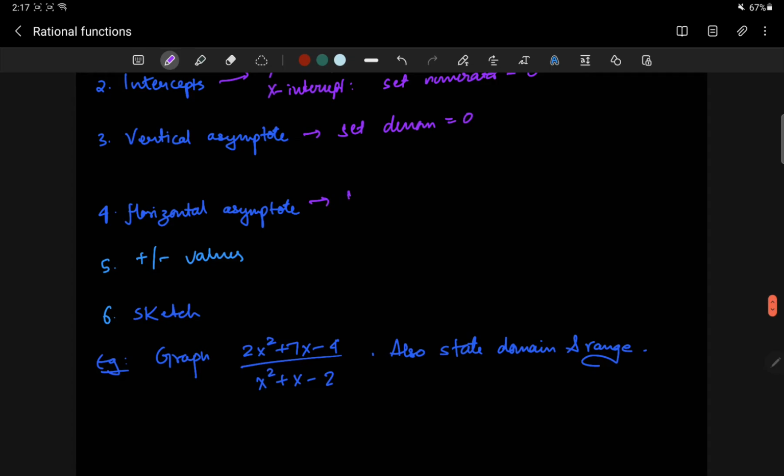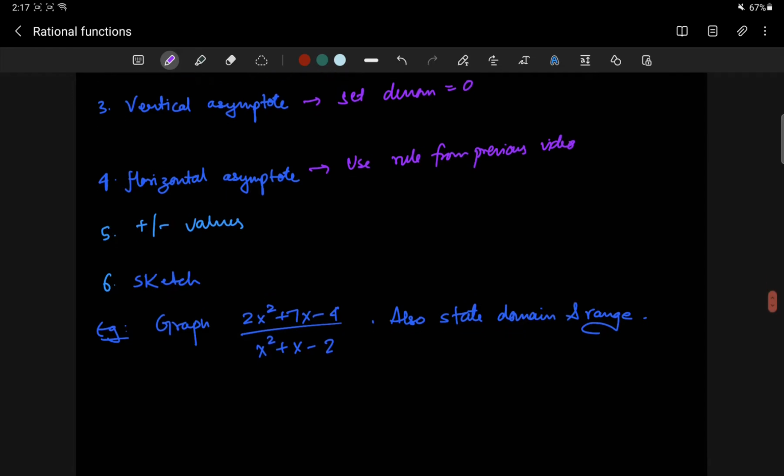For the horizontal asymptote, we use the rule from the previous video. That is, you look at the highest power terms in the numerator and denominator, and then you directly divide their coefficients.